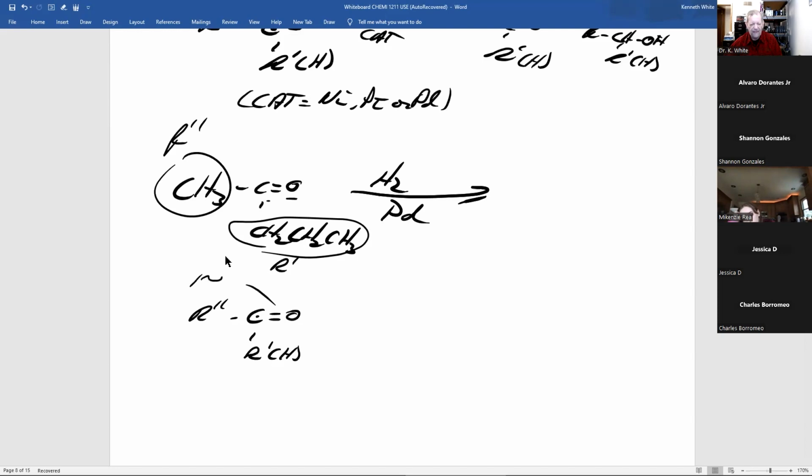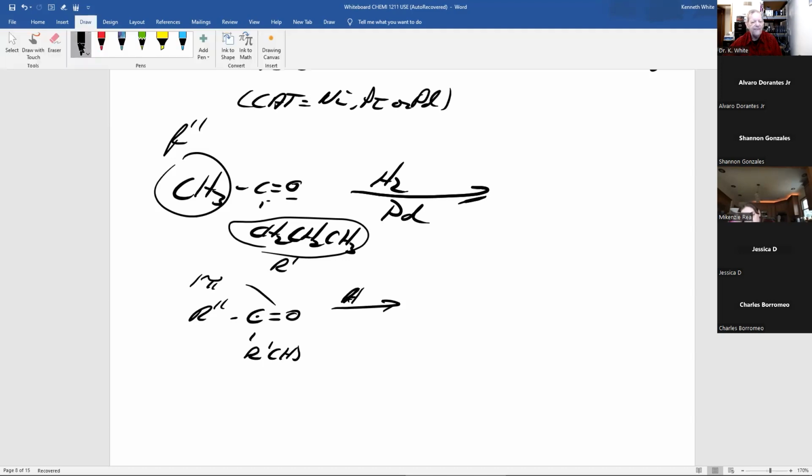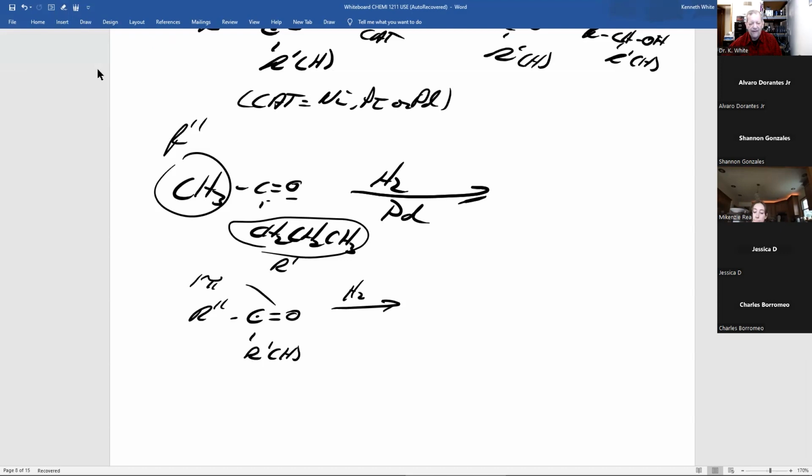Remember, this is a pi bond that you can break with hydrogen. And a catalyst, where the catalyst can be nickel, platinum, or in our case, palladium.